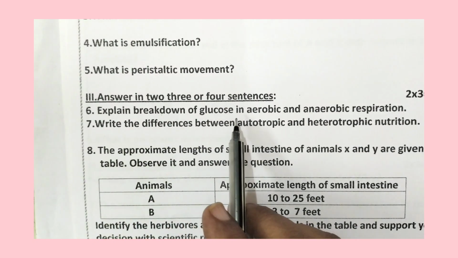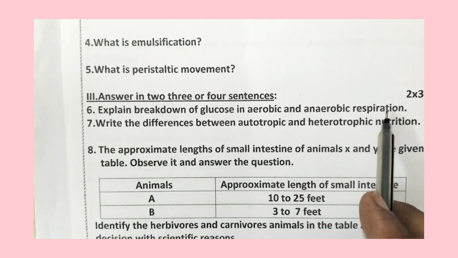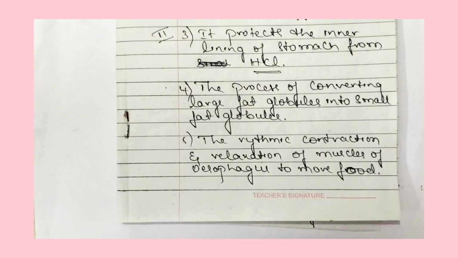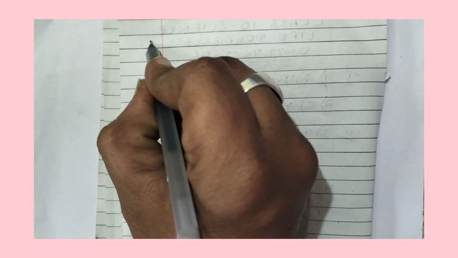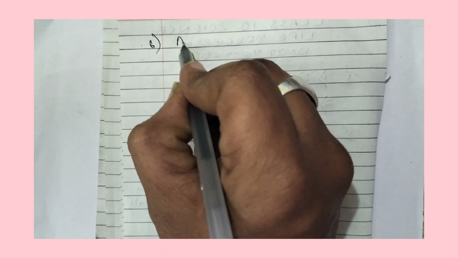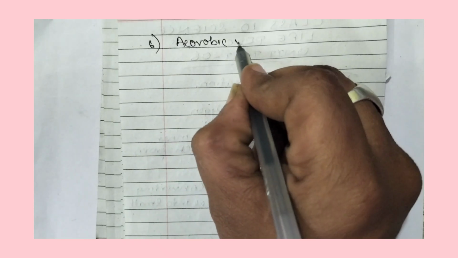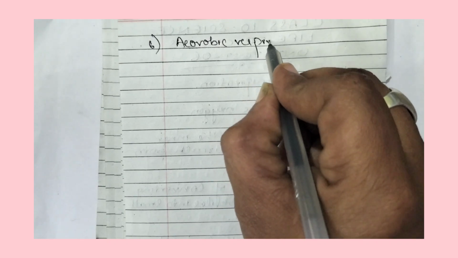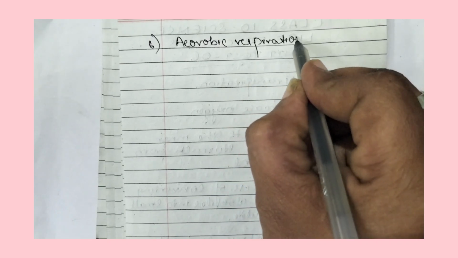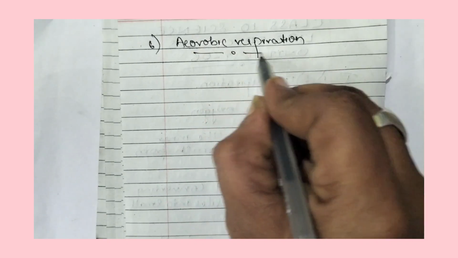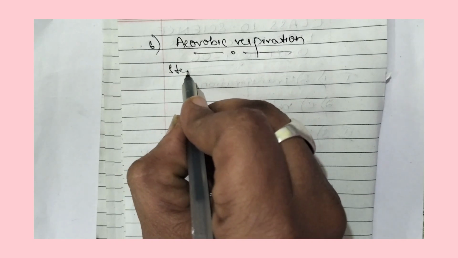Now let us move to question number 6. Explain the breakdown of glucose in aerobic and anaerobic respiration. First let us look at aerobic respiration. Aerobic respiration takes place in 2 steps.